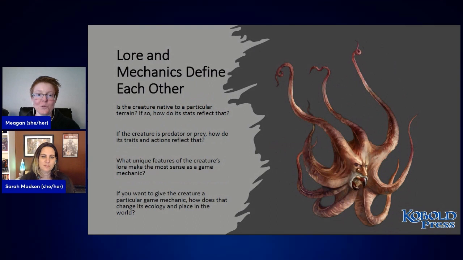Let's see. Yes, lore and mechanics define each other. One of my favorite aspects of fifth edition Dungeons and Dragons is they kind of went backwards, I guess, towards second edition. Because in second edition, the monster manual had your little piece of art and the little stat block, and then the whole bottom half of the page was the description of the creature, their habitat, society, and ecology.